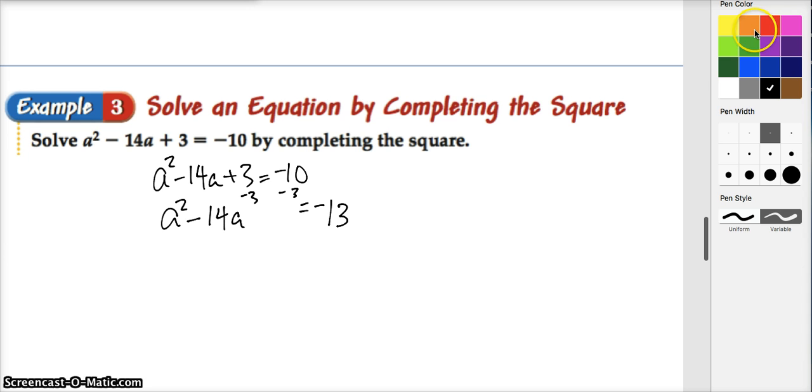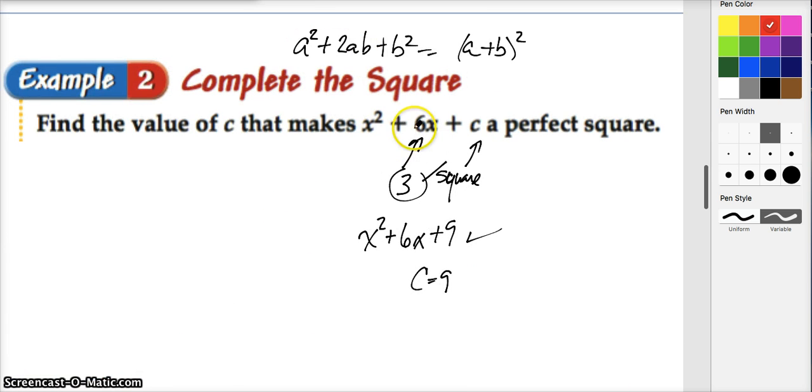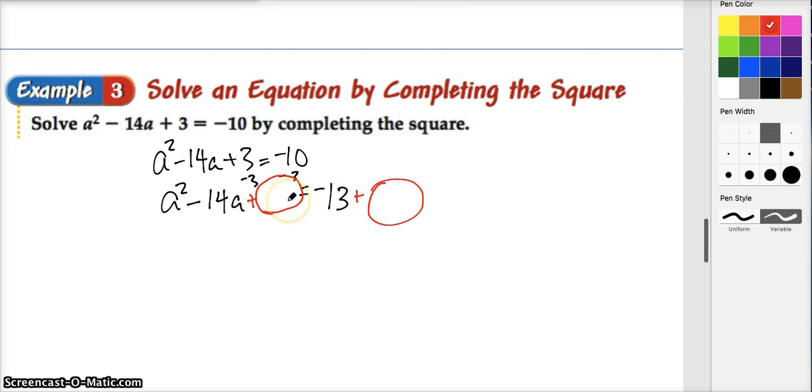Notice the space that I'm leaving here. I'm now going to add whatever I need to make this a perfect square trinomial. But remember, guys, this is an equation, so what I do to one side, I have to do to the other. So what should I add here? Do you remember the technique we just used back here? We took the b term, divided it by 2, and squared it to get a perfect square trinomial. That's exactly what we're going to do here.